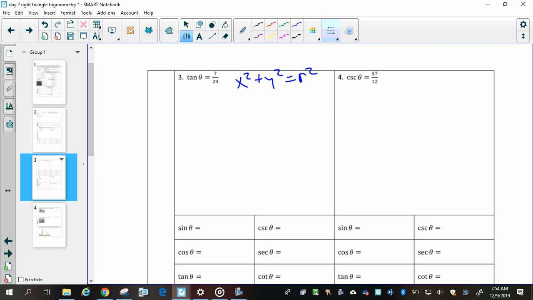So for this, what's the x, r, y definition for tangent? Y over x. So this is really y over x. We need to find r so that we can fill out the rest.